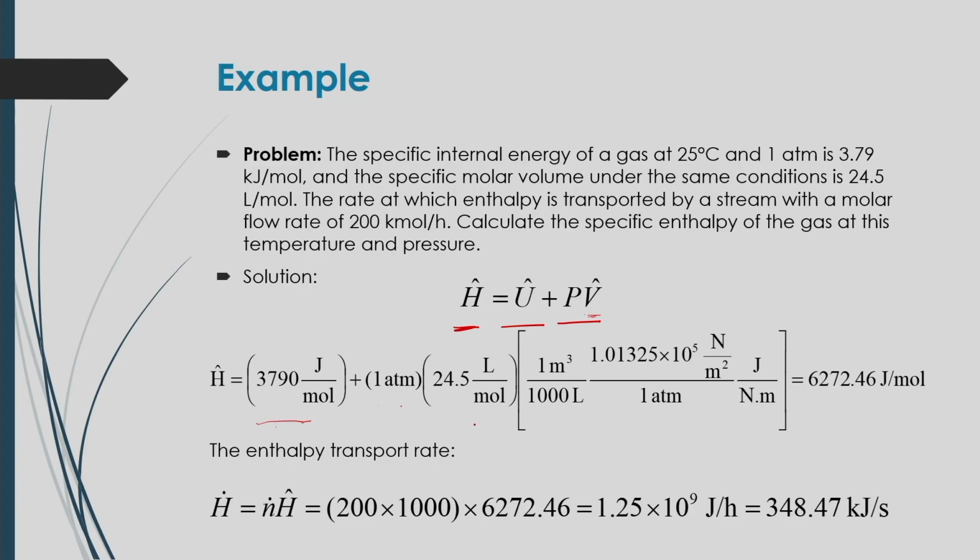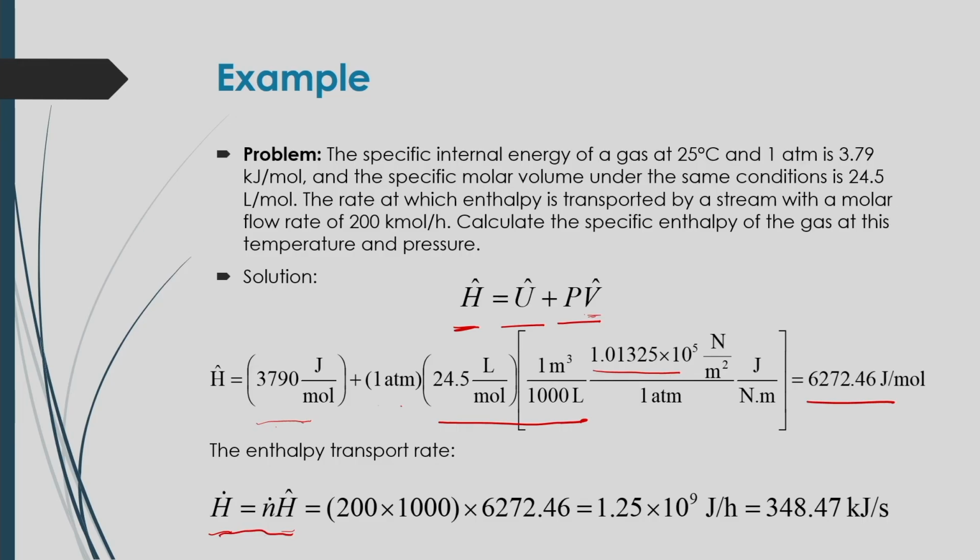We know that 1 meter cube is equal to 1000 liter. So, after conversion the volume will be 24.5 by 1000 meter cube per mole, and 1 atmosphere is converted to Newton per meter square by multiplying by 1.01325 into 10 to the power 5. Finally, the unit for this specific enthalpy will be joule per mole, and the final value after calculation is 6272.46 joule per mole.